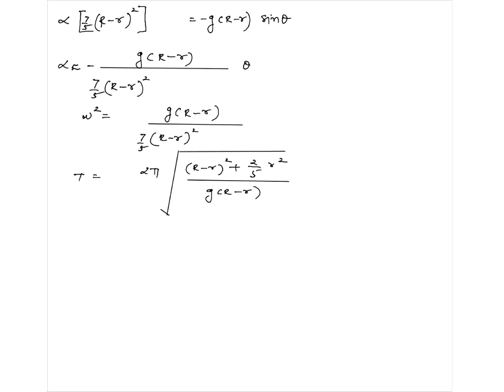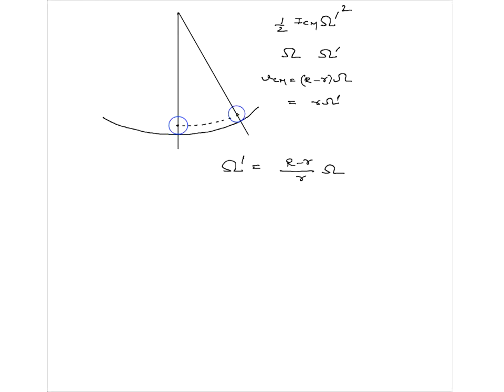Then this fellow, that fellow gone. So it will become 5, coming to the bottom, this thing. So this was the thing.